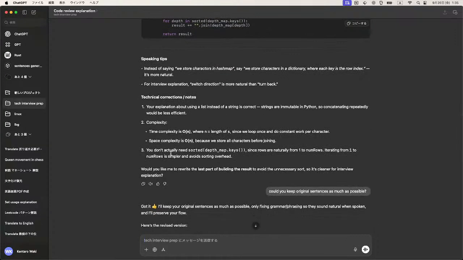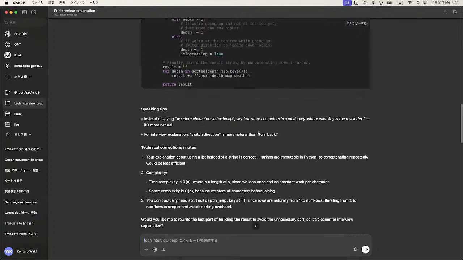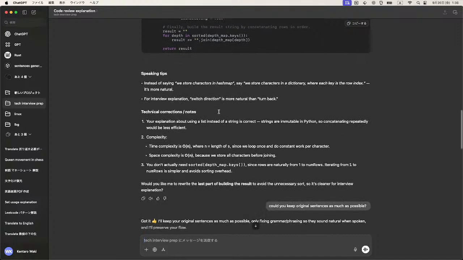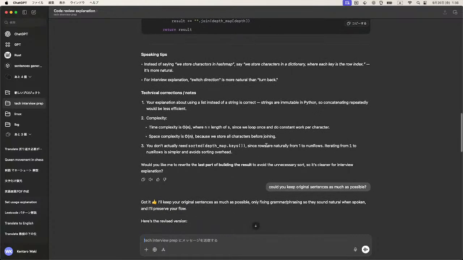And I don't actually need sorted, since rows are naturally from 1 to num rows. Really?